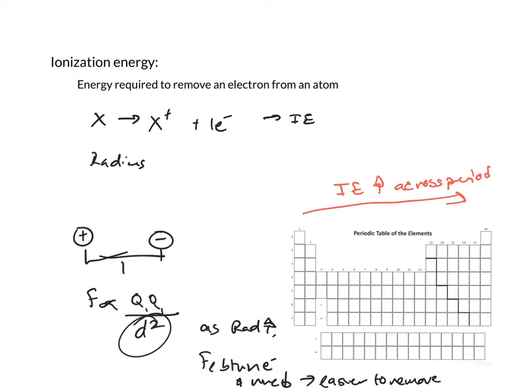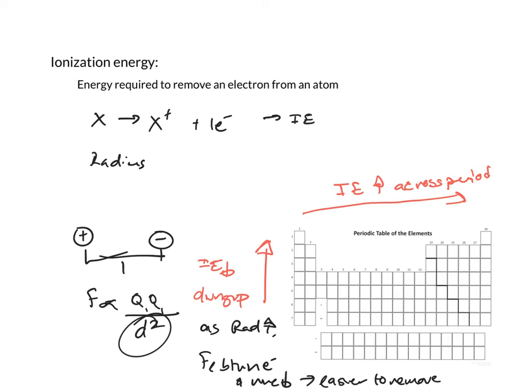It's going to require more force and more energy to remove them. And the ionization energy decreases as we go down a group because the radius is increasing. So those electrons are held less tightly to the nucleus, which means it's going to be easier to remove them. I meant to say down a group. If I said across a period, I'm sorry.